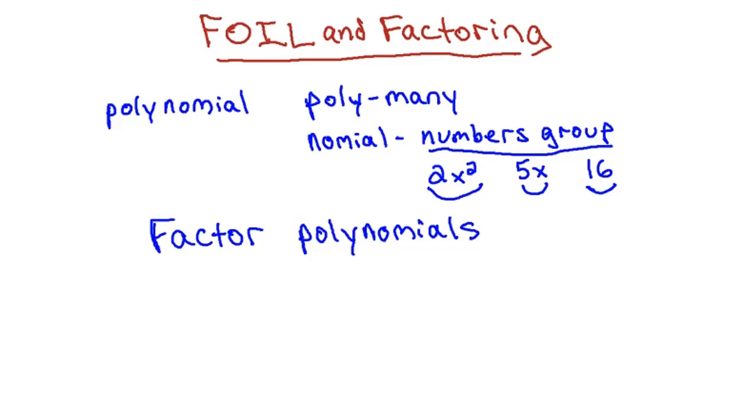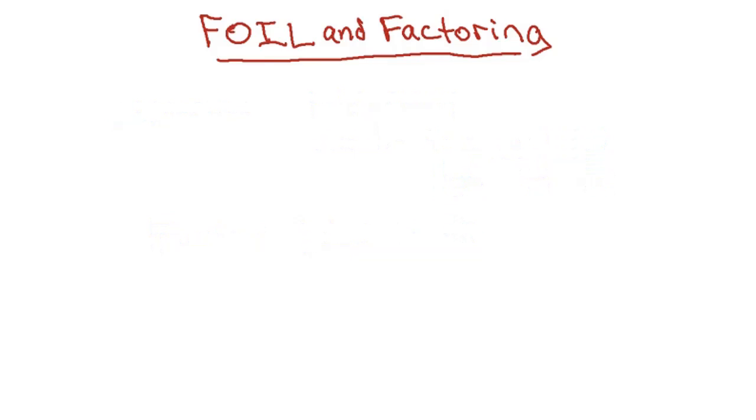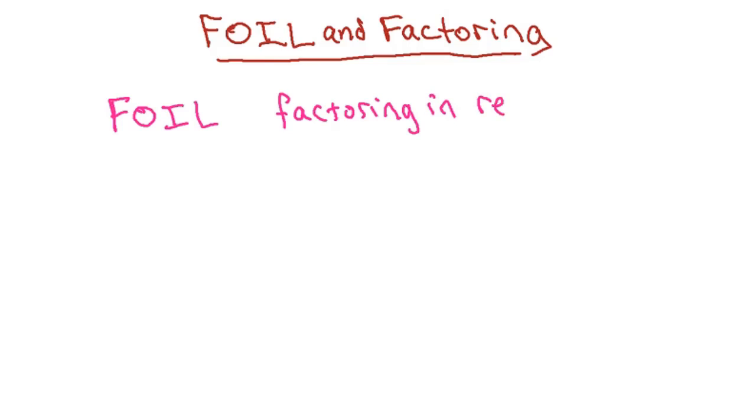And to do that, I need to show you what FOIL is first, so you know how to check your work. And FOIL is just factoring in reverse, or unfactoring something, putting it back together into its unsimplified form.